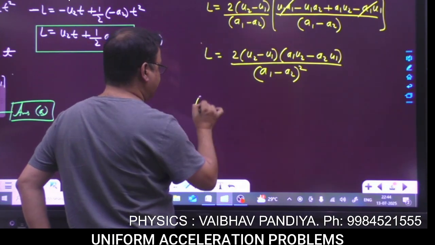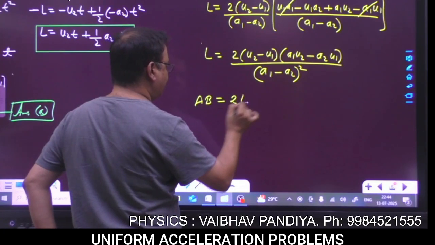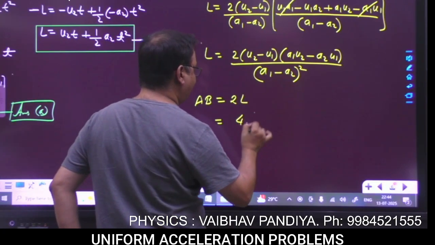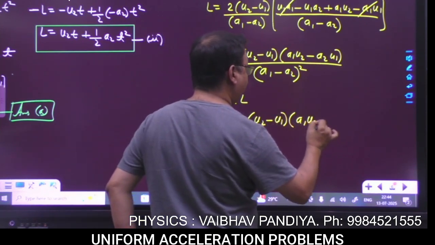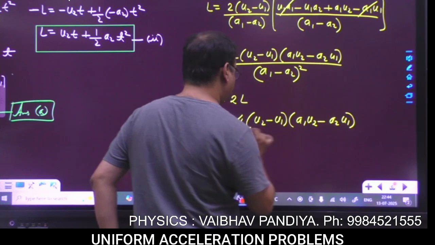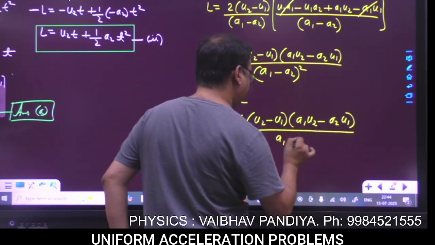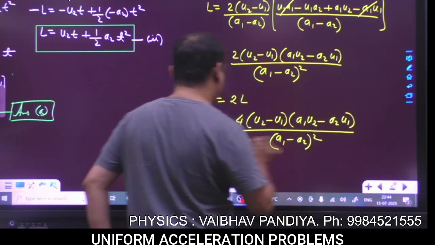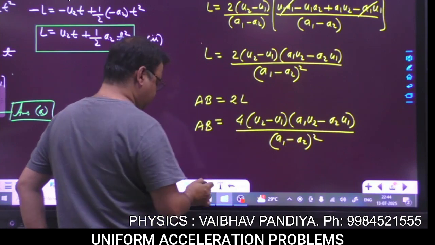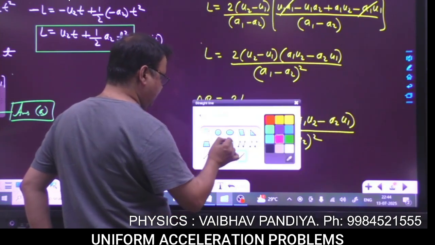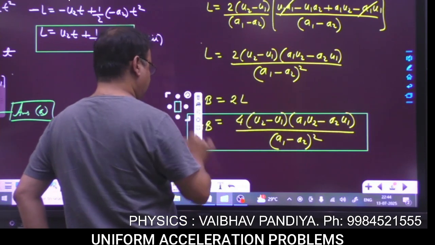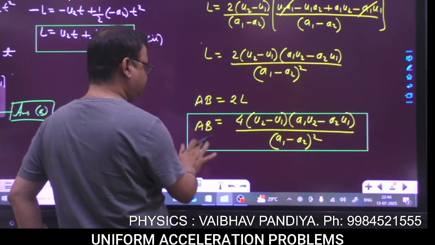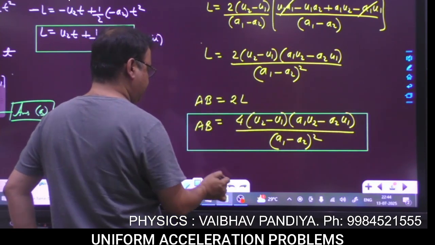So AB is equal to 2L, so 4 times of (U2 minus U1) multiplied by (A1 U2 minus A2 U1) divided by (A1 minus A2) whole square. This is the answer to your second part B. This is the length AB.